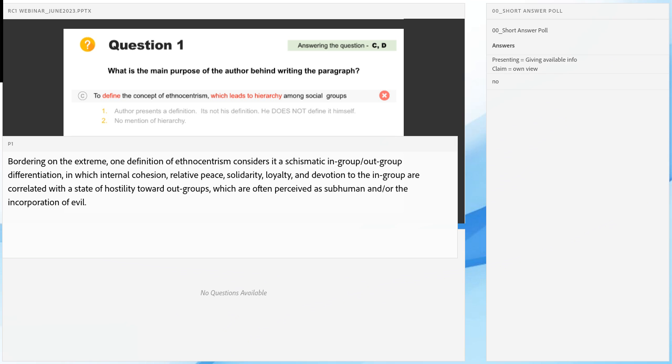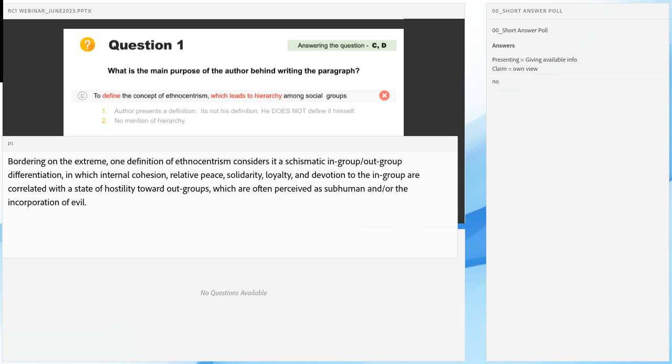It doesn't seem like the most precise definition, but the author is not saying I'm opposed to this definition or don't consider this definition to be super inaccurate. The author is just giving you information over there. It may not be the most accurate definition, okay, but it doesn't mean I'm opposed to it.